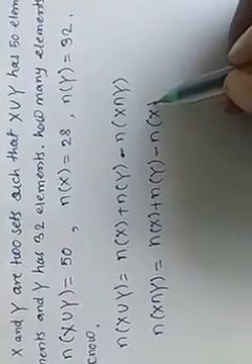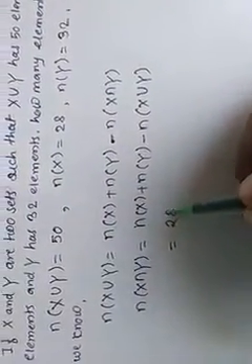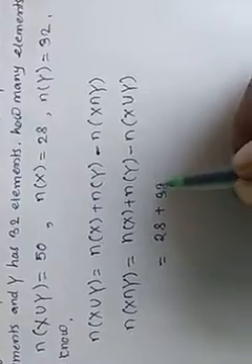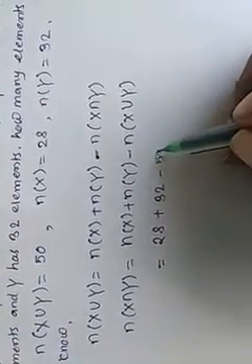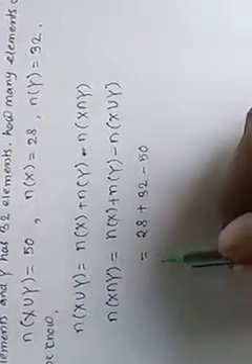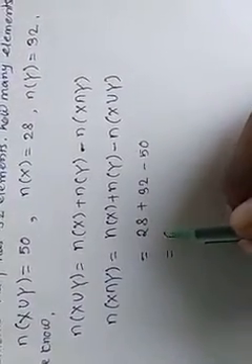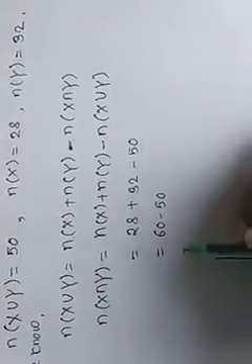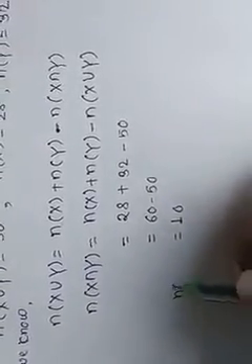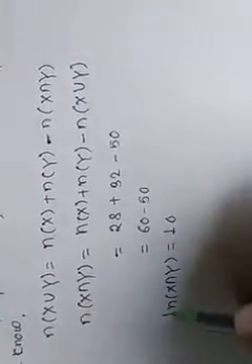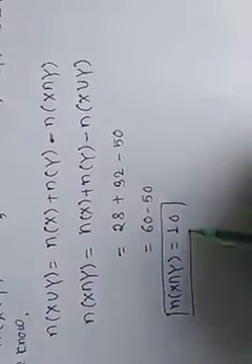So the formula for n of x intersection y is n of x plus n of y minus n of x union y. Now substituting the values, n of x is 28, n of y is 32, and n of x union y is 50. So we get 28 plus 32 is 60, minus 50, which is equal to 10. So n of x intersection y is equal to 10, which is our required answer, the common elements from both sets x and y.